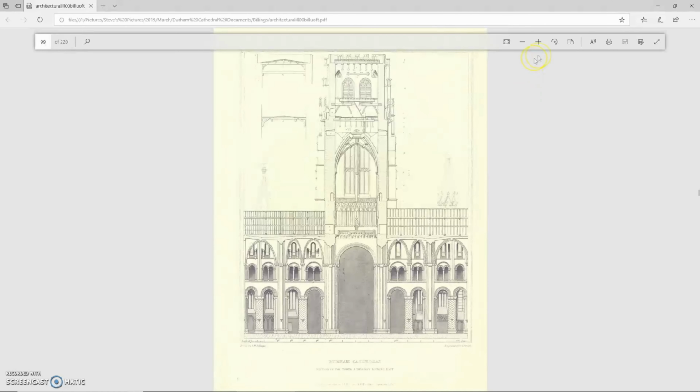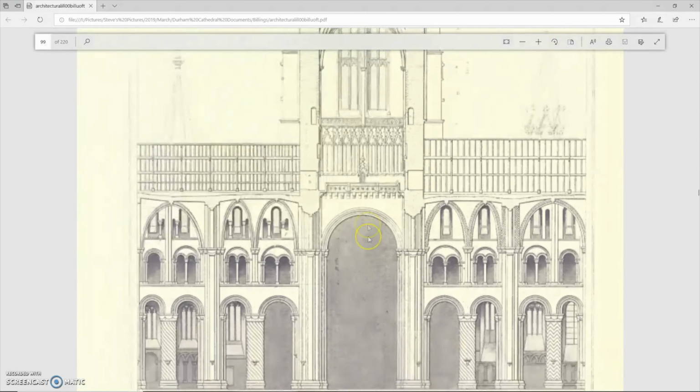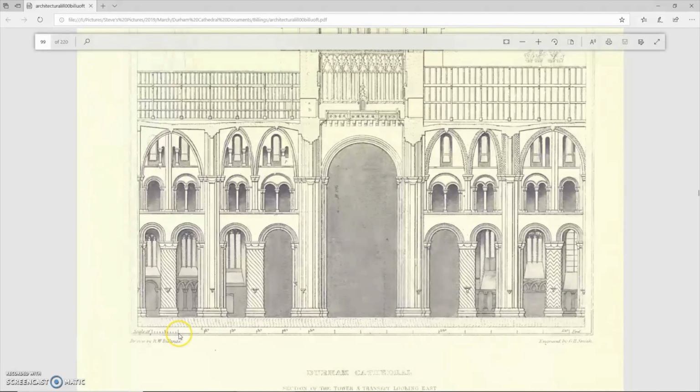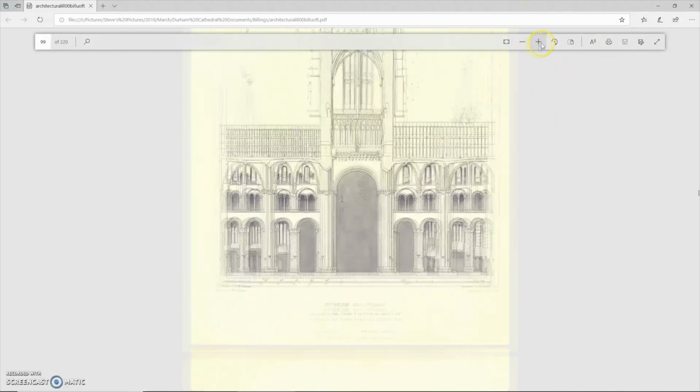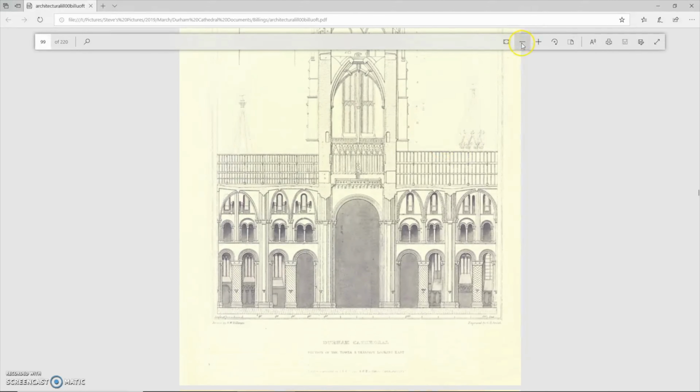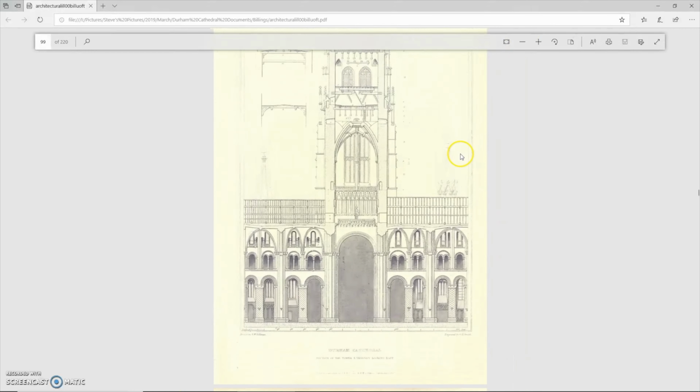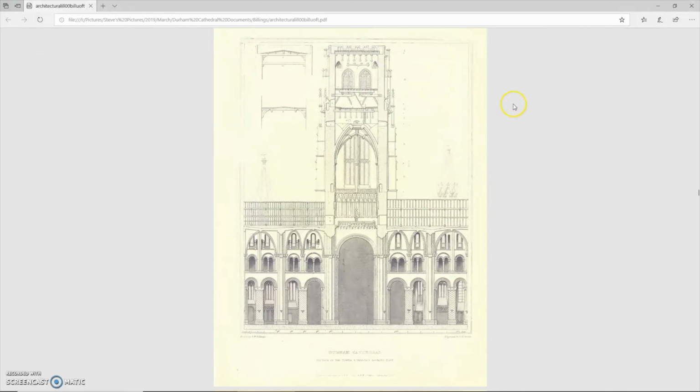Now if we zoom in and we look down at the bottom, there's a scale of 0 to 150 feet, and what I did from there, I got an accurate A3 printout, and I was able to accurately measure from the base here up to the top of the parapet, and the best measurement I could get was 215 feet and 5 inches.